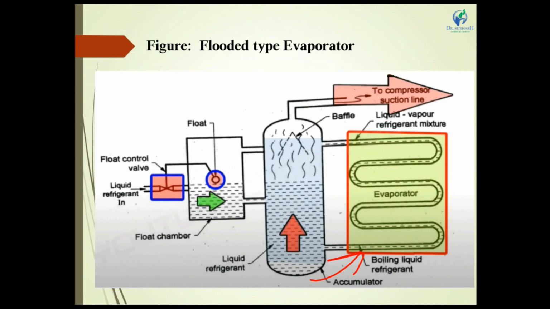Then the liquid refrigerant is converted into gas or vapor during the latent heat absorption at constant temperature, and the room heat is absorbed by the refrigerant. This gas or vapor comes out and enters the accumulator.